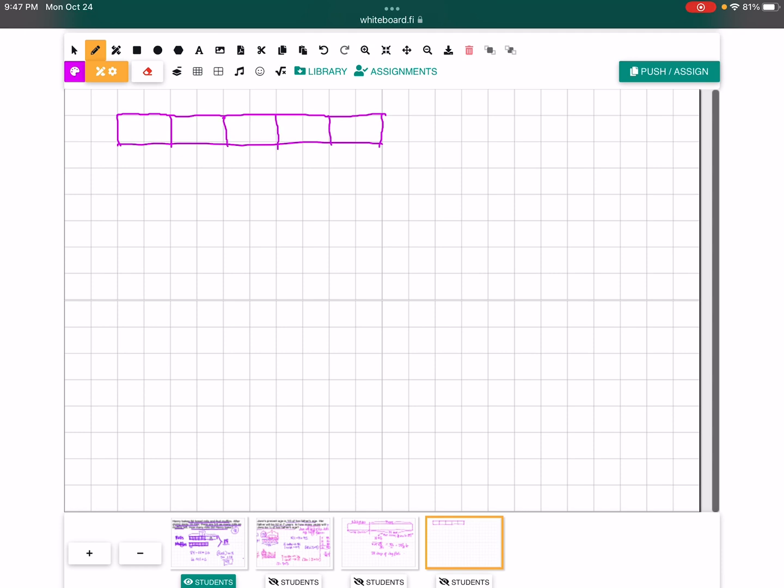So here are the subdivisions for fifths. And 2/5 of this is going to be rent. And then 1/5 is utilities. So this next fifth is going to be utilities. So I'm going to put a U there for utilities.